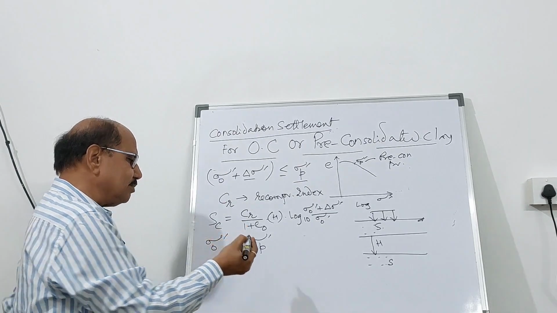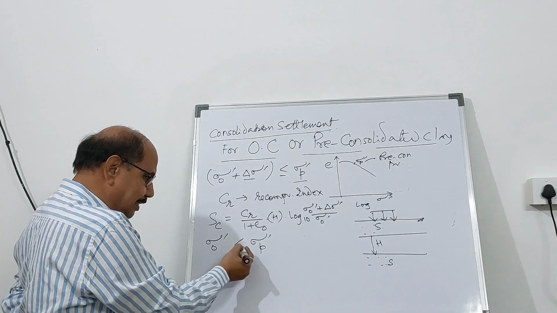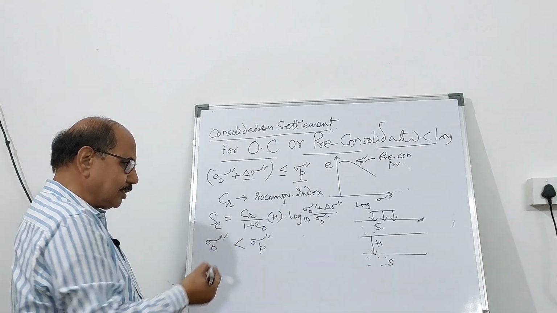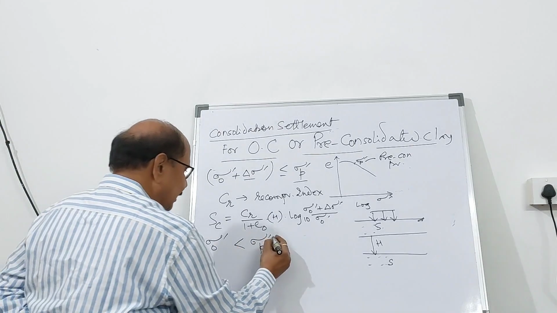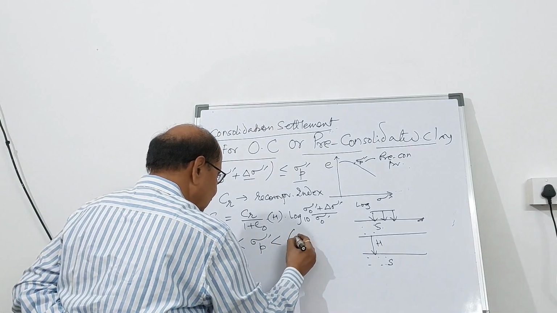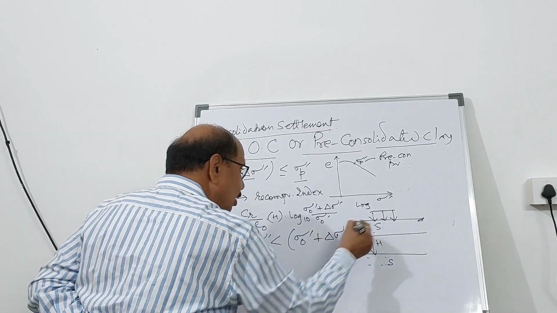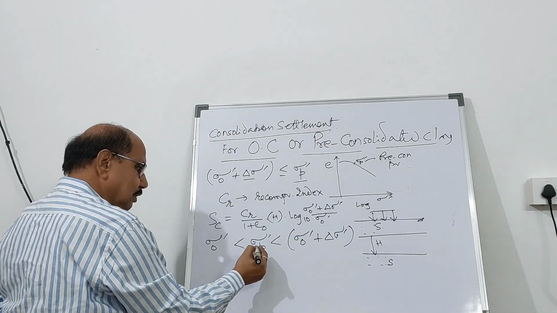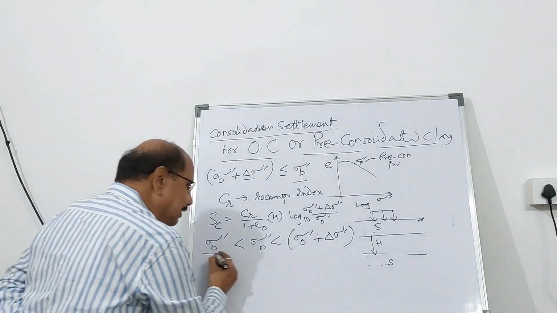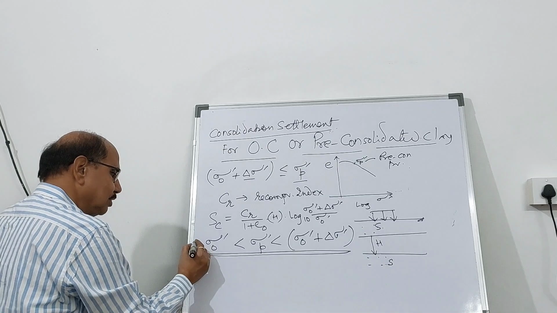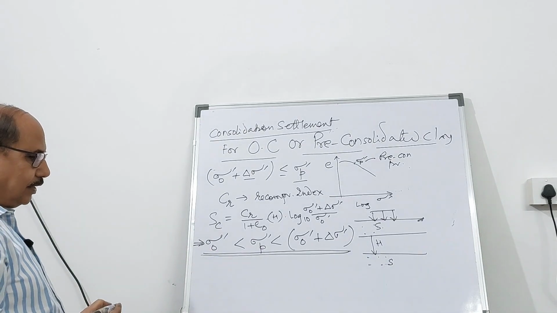So the present overburden pressure is less than the past pressure, the pre-consolidation pressure, but the pre-consolidation pressure is less than sigma naught prime plus delta sigma prime. Now when you apply the additional loading, this sigma p prime is less than this. Then in this case, how will you find out the value of Sc?